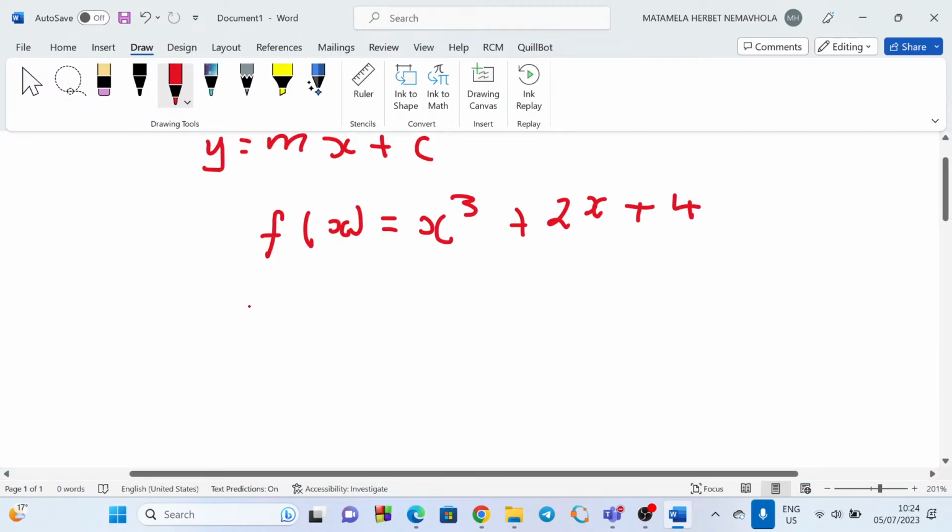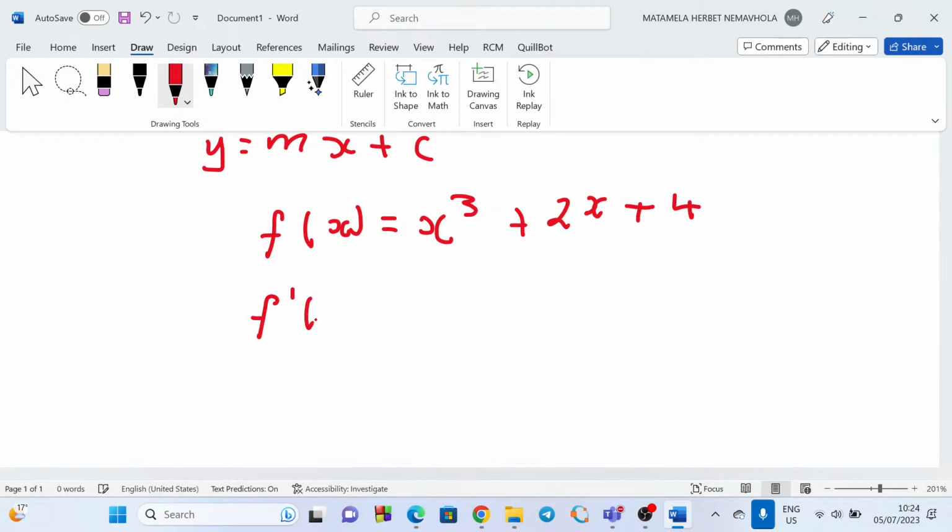Now what we're going to do, we're going to first differentiate to get f prime of x. According to the rule that we did, this 3 will go down, it's going to say 3x, you subtract 1, 3 minus 1 is 2.